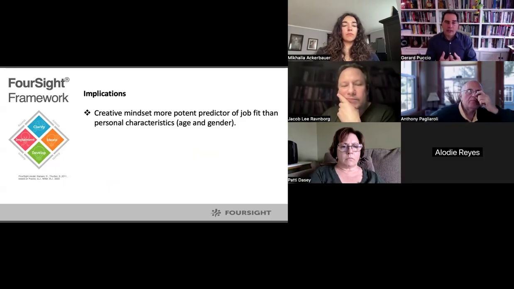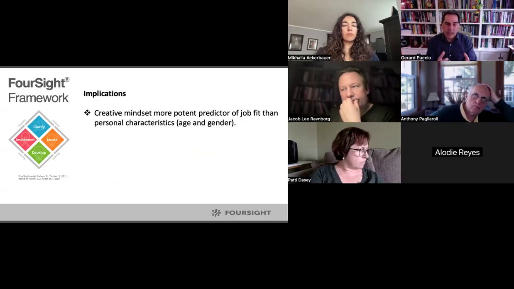And now we're finding that these creative mindsets have vocational implications, and it may help us to understand the psychological effects that are happening in different jobs based on our particular preferences. And they're stronger predictors of that experience than age and gender.